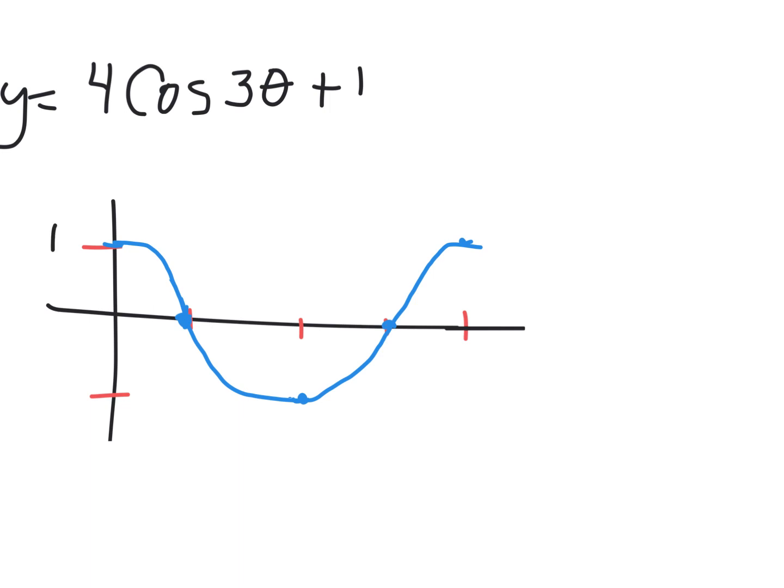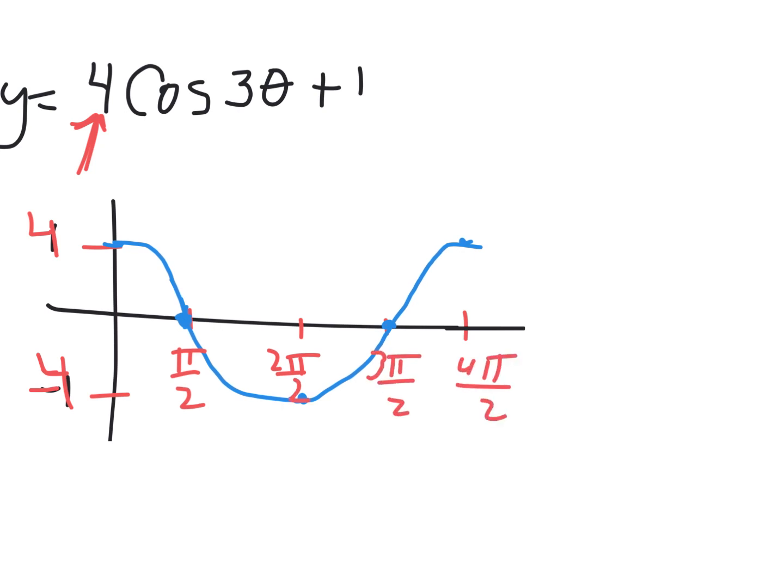This went 1 and -1, but then quickly changes to a 4 and a -4 because of that 4 right there. And then this was 1 pi over 2, 2 pi over 2, 3 pi over 2, and 4 pi over 2. I can go now and put a 3 in, but no, I don't multiply everything by 3.